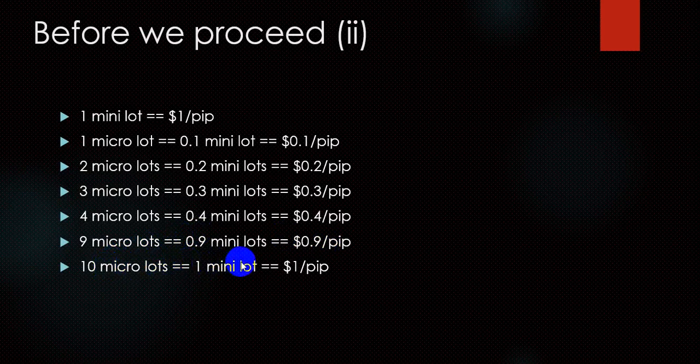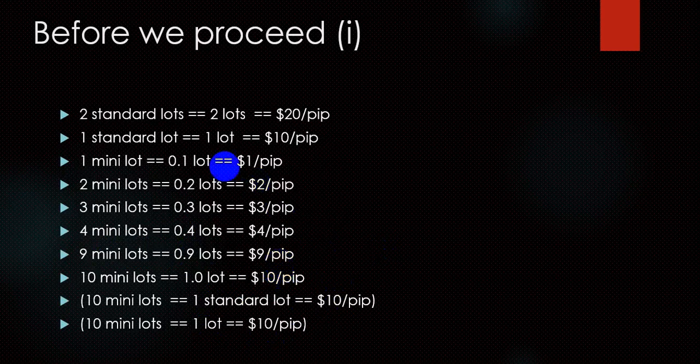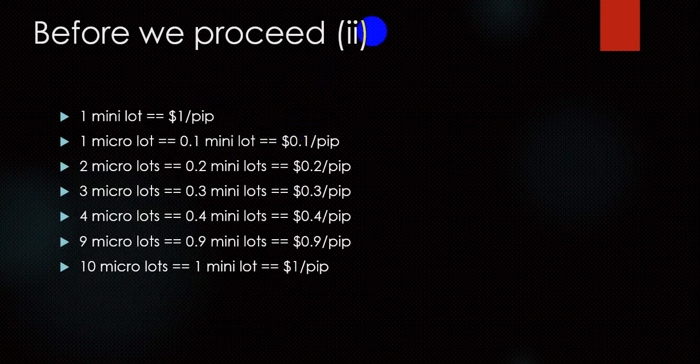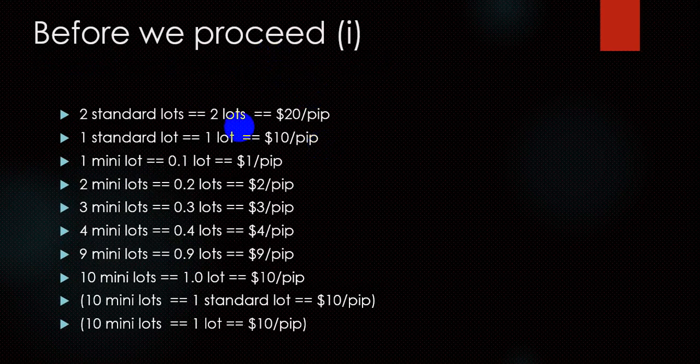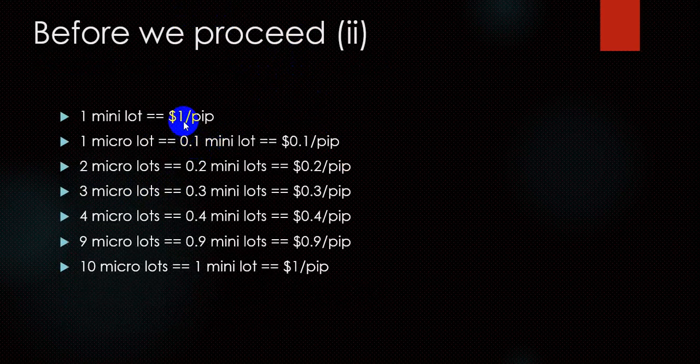And so your potential for profit or loss per pip in any trade you're using 1 mini lot in is just $1 per pip. So when you're trading one standard lot, you stand to gain or lose $10 per pip. When you're trading 1 mini lot, you stand to gain or lose $1 per pip. But if you're trading 1 micro lot, you stand to gain or lose 10 cents per pip. I think it's understood. And it's because 1 mini lot is 1/10 of 1 standard lot, and 1 micro lot is 1/10 of 1 mini lot.